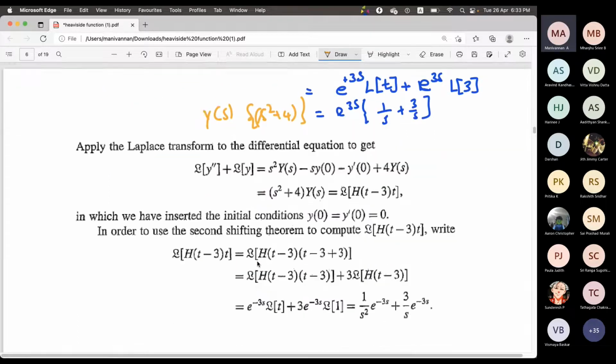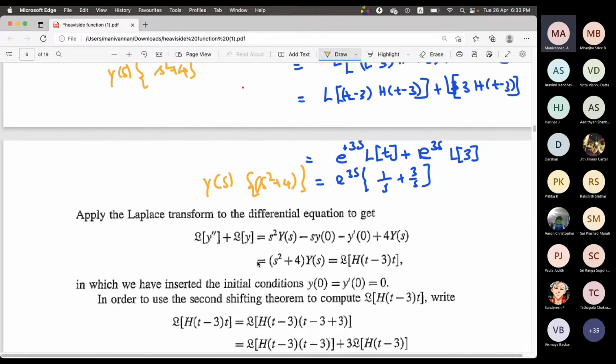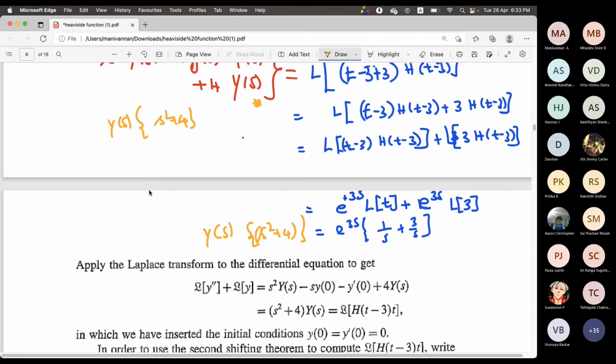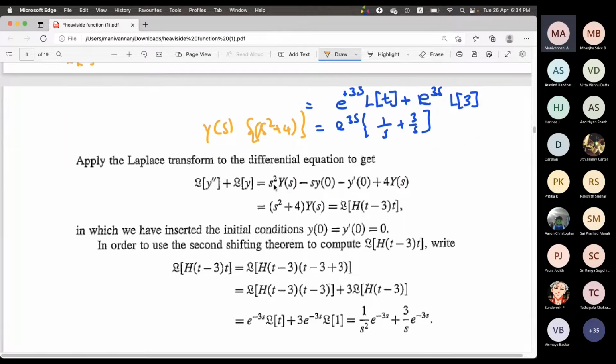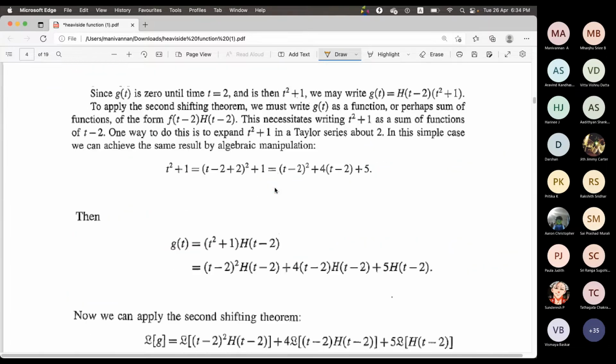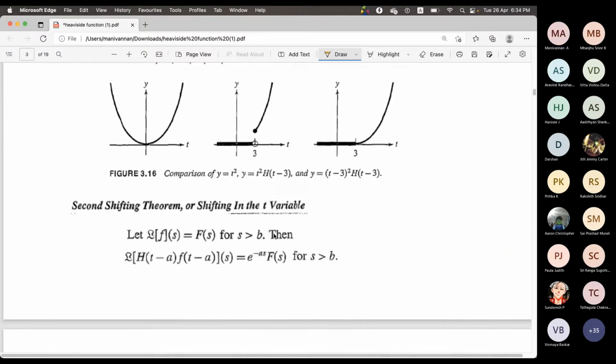Sorry, but this is minus 3s only. See, the Laplace transform of f of t minus a into h of t minus a is e raised to the power minus as times F of s, right?